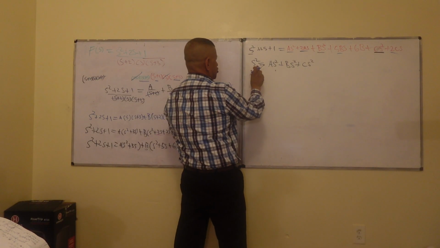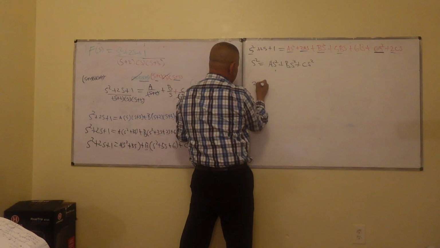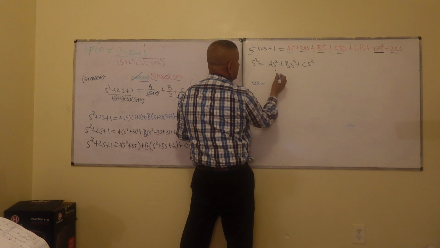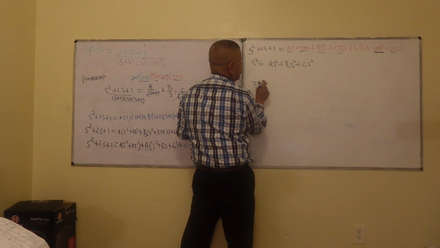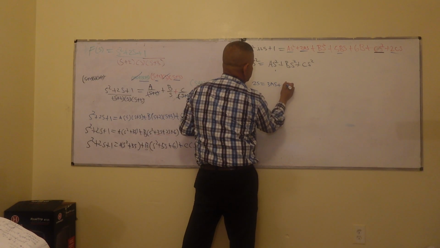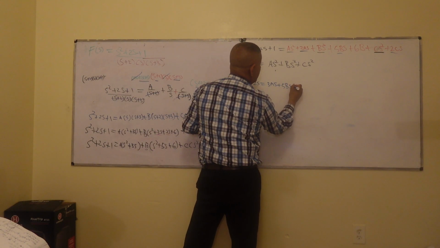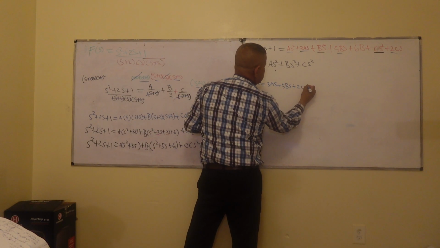So this one is going to be equal to 2s is equal to 3As plus 5Bs plus 2Cs.